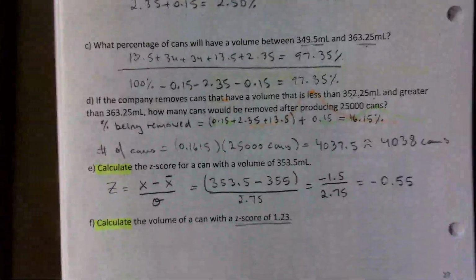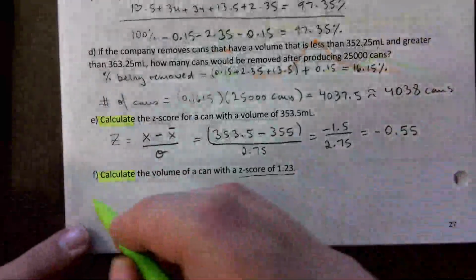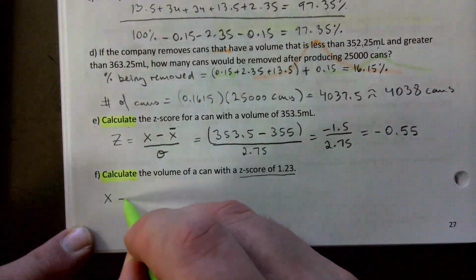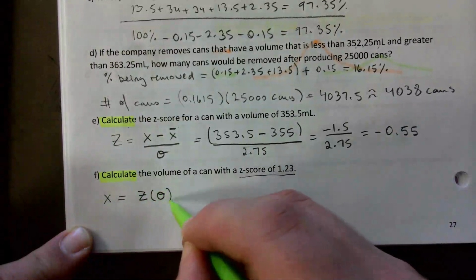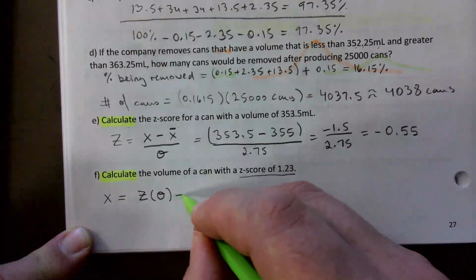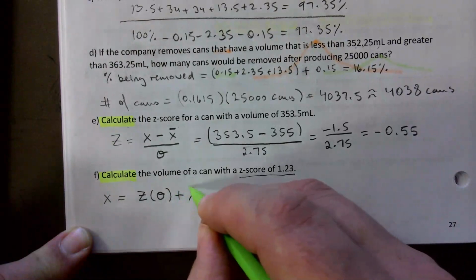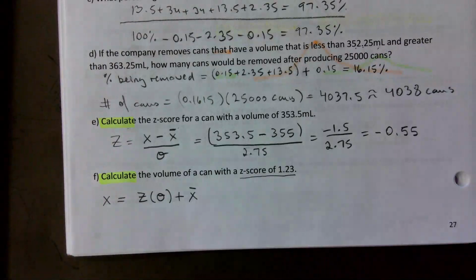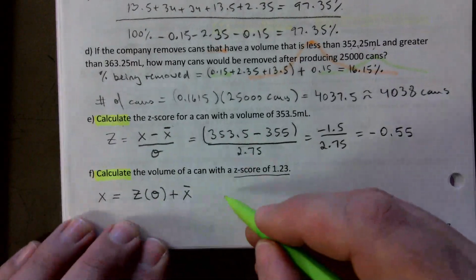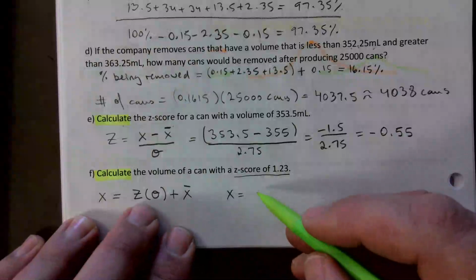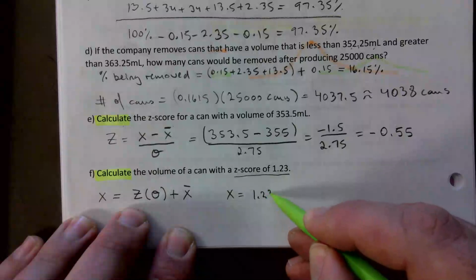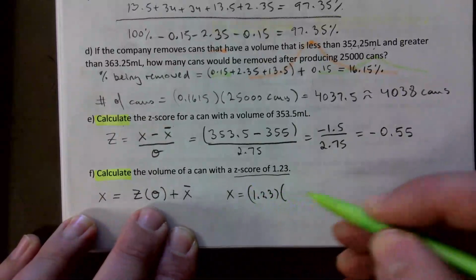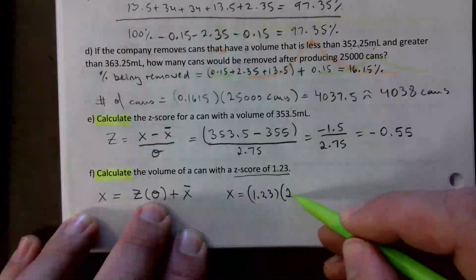Okay, let's calculate that though. What formula am I going to use? It's this one: z times standard deviation plus mean. That's the formula. So I know that my z-score is 1.23, and my standard deviation is 2.75.